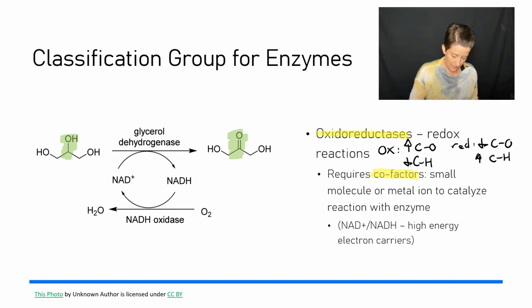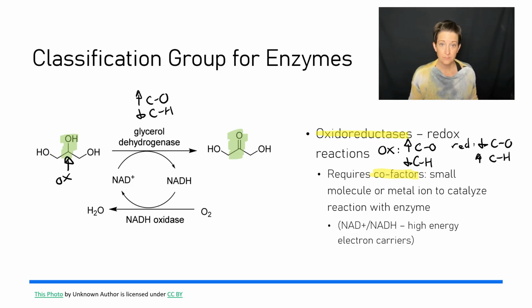Therefore, we are seeing an increase in our carbon-oxygen bonds and a decrease in our carbon-hydrogen bond, which means that this carbon underwent oxidation. Those protons, electrons, have to go somewhere. That is where the cofactor comes in, this other entity that can then undergo reduction.